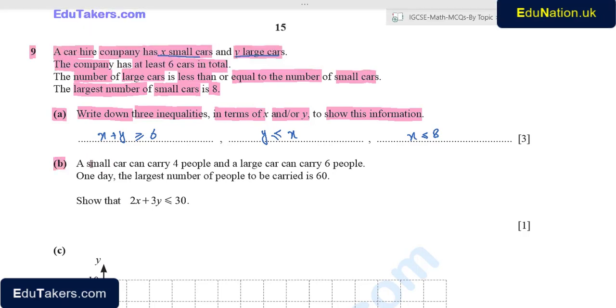Part B. A small car can carry 4 people and a large car can carry 6 people. One day, the largest number of people to be carried is 60. Show that 2x plus 3y is less than or equal to 30.